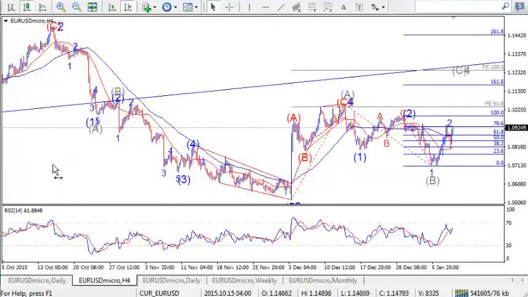Again, channels provide support and resistance, and this level coincides here, with an indication that this scenario is very probable.